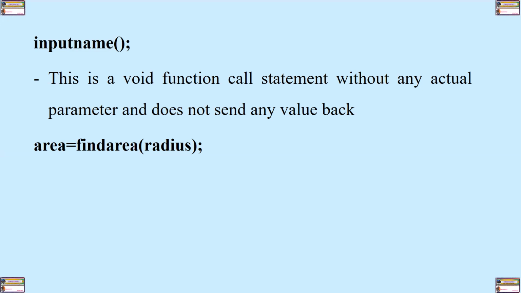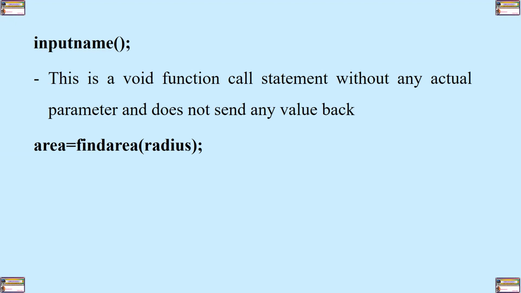Note, the name of an argument in the call statement may not be the same as the name in the receiving function's parameter. What must match is the type of data that is being received.